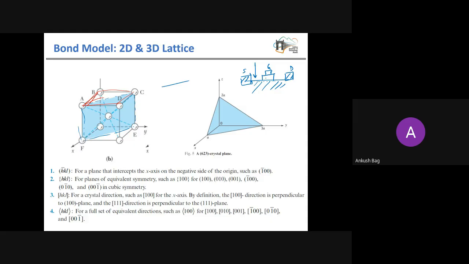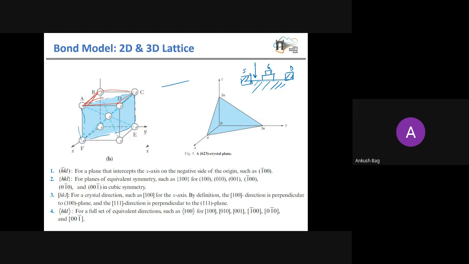Are you getting my point? This is just a fabrication technique. You can fabricate your source and drain in such a way that you are seeing the ACEF plane. In that case, you will have more atoms, and thereby more electrons. So the drain current may change because you have more electrons.